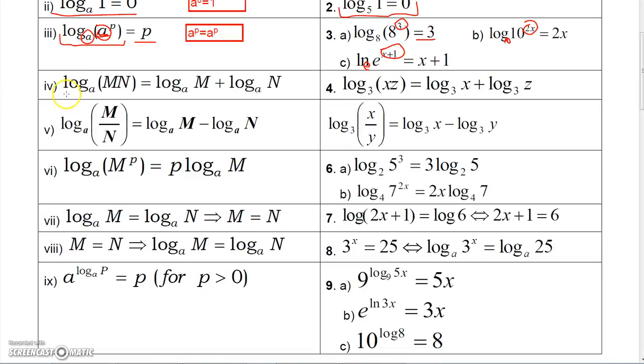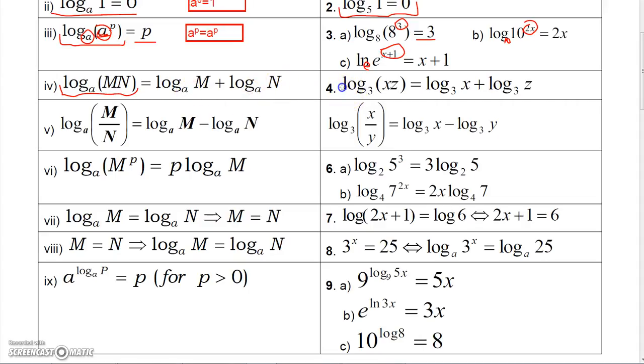Okay, the next property is the log of a product. The log of a product of two values, so the log of m times n, is equal to the sum of the two logs. And of course, on all of these next few properties you have to keep the same bases, but it would be the log of m base a plus the log of n base a.